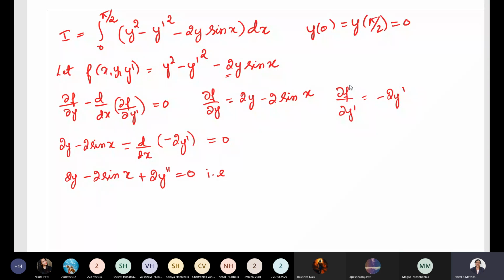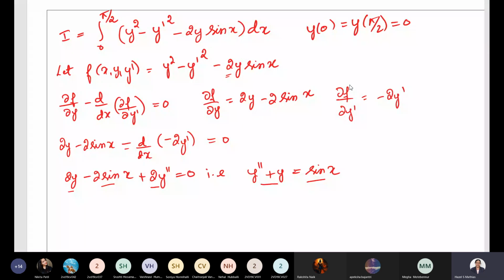Dividing by 2 and rearranging the terms, we will have y double dash plus y equal to sin x.